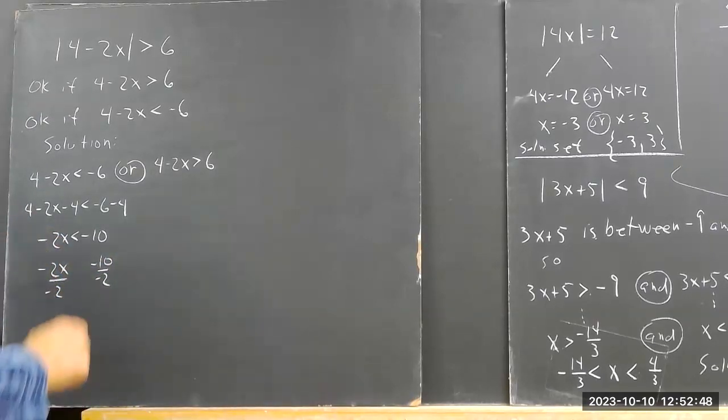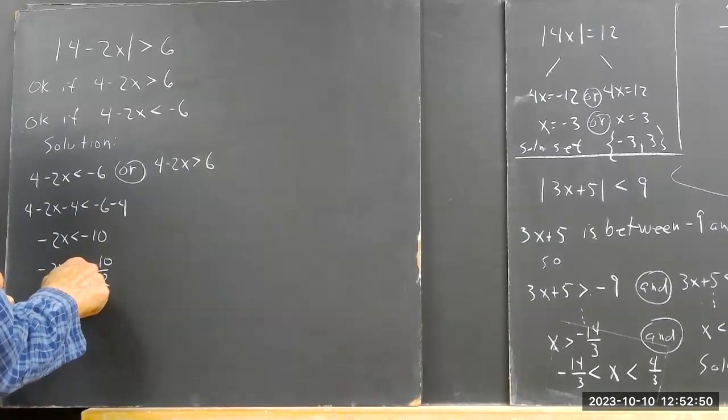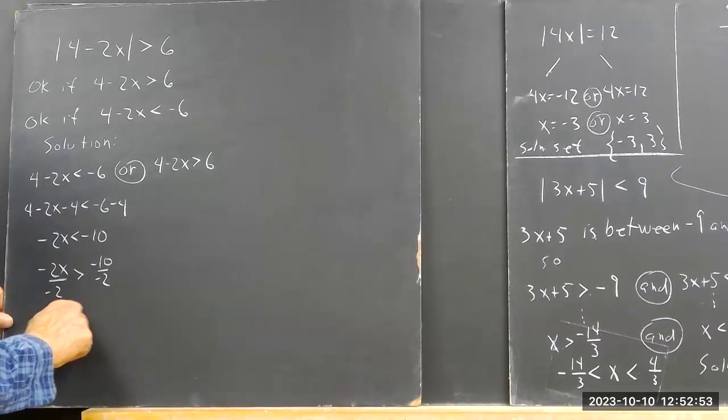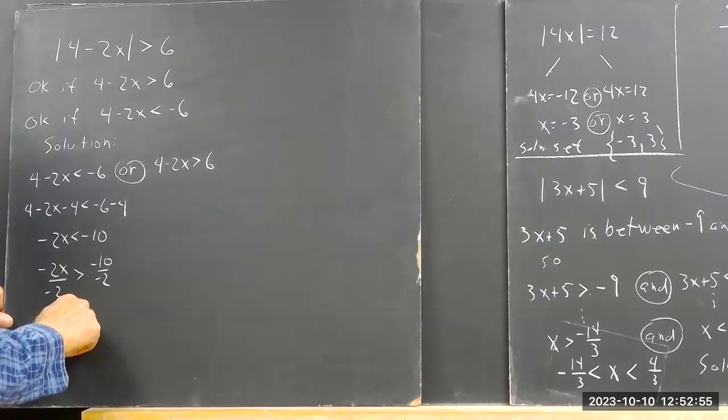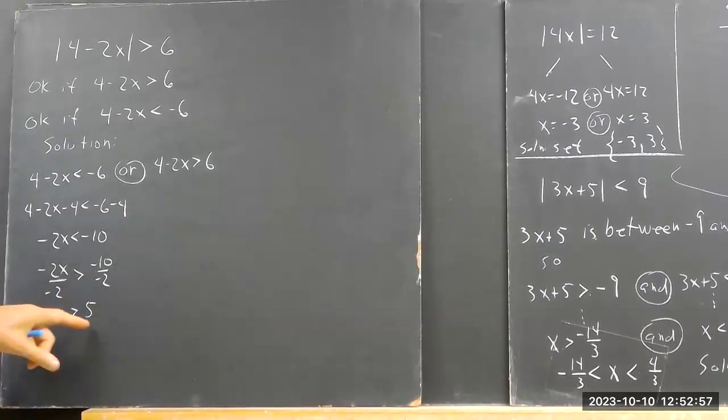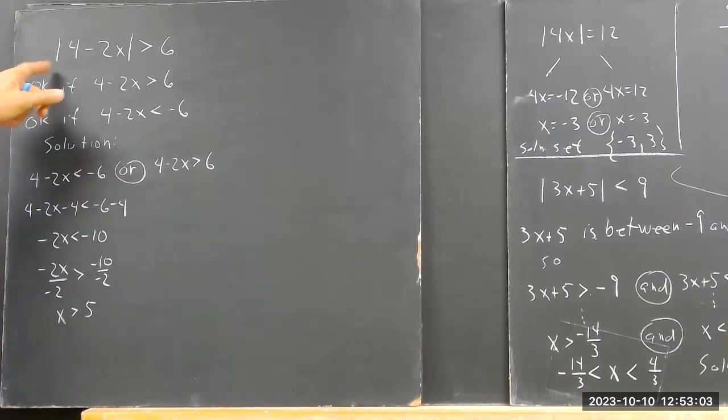We can't forget that. If we don't reverse the inequality, we're going to get something that doesn't make sense. So when x is bigger than 5, its absolute value is bigger than 6.